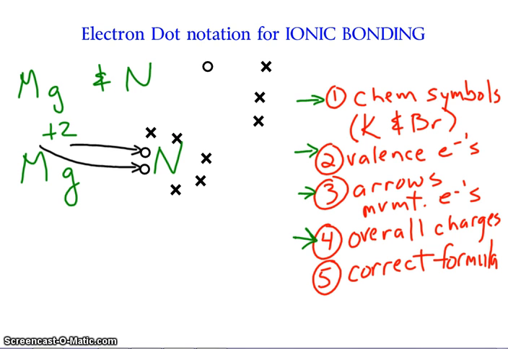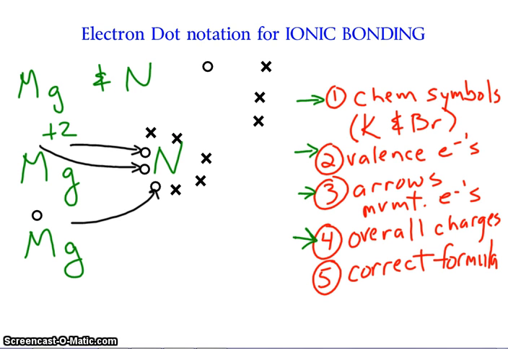It's satisfied. It has a complete octet now left around it. But nitrogen is still 1 short. There needs to be another magnesium in this situation. And it'll have another 2 valence electrons. And one of those valence electrons is going to move up here to give the nitrogen an octet.